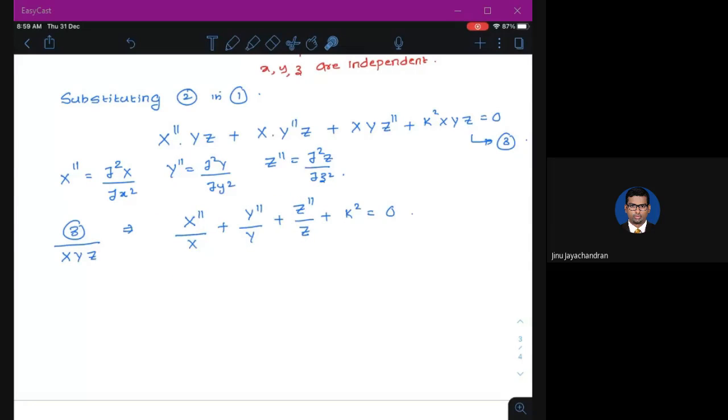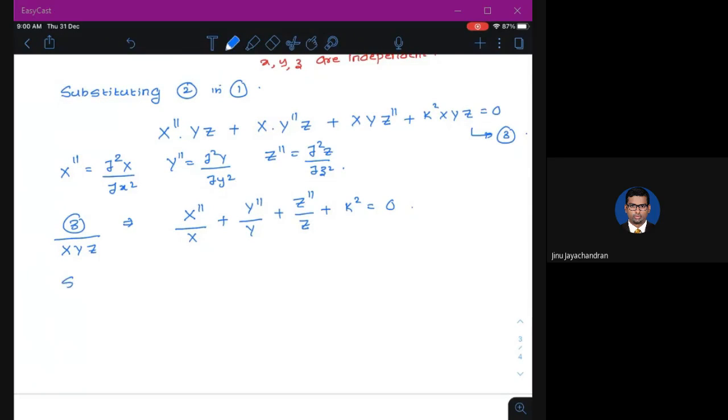Separate out. Okay. Now, since the variables are independent, each term of equation 4 must be a constant.